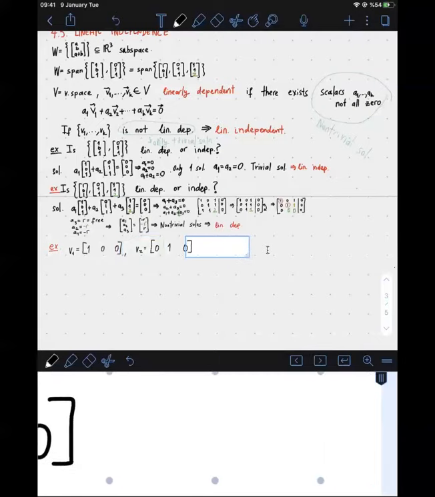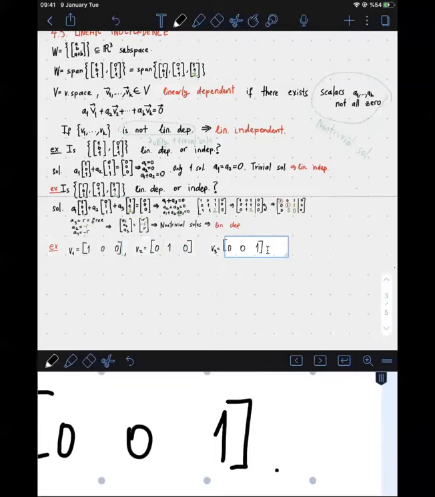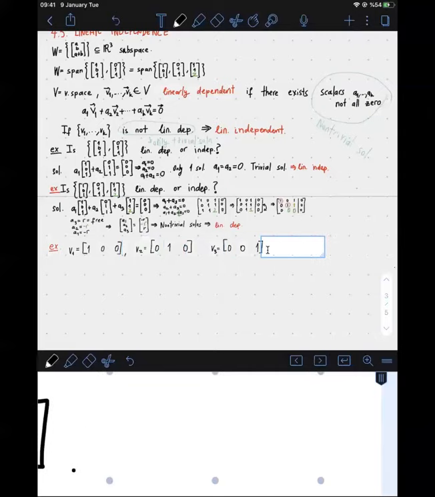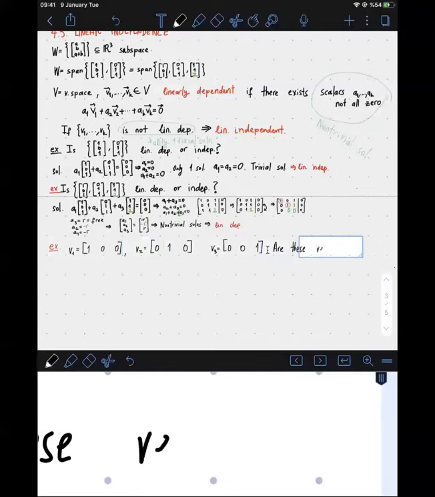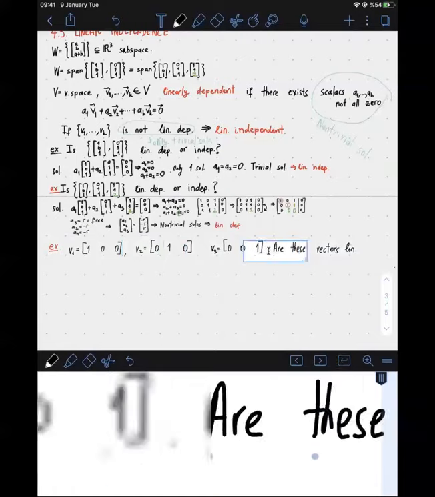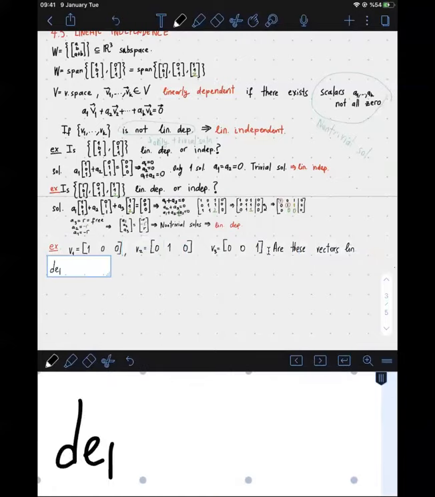And then we have v3, which is the 0, 0, 1 vector. The question is, are these vectors linearly dependent or independent? What do you think?